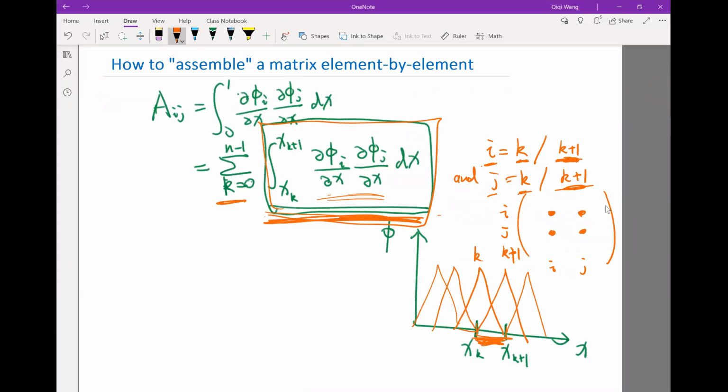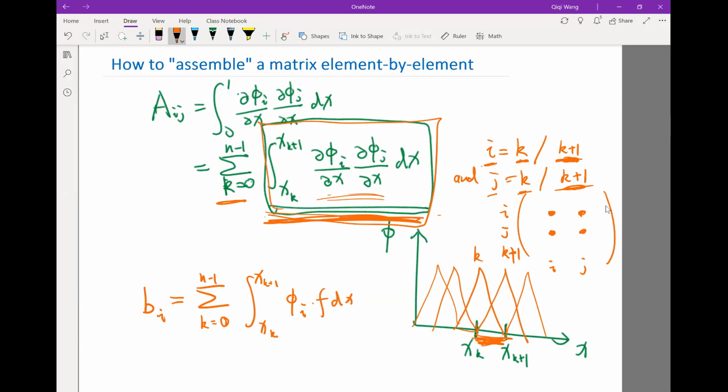And similarly, you can assemble the right-hand side in an element by element way. So essentially, let me just write it down because we are running out of time. It's integration over an element of phi times f dx.